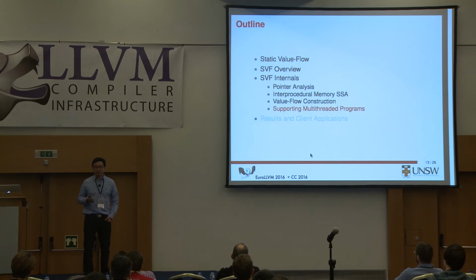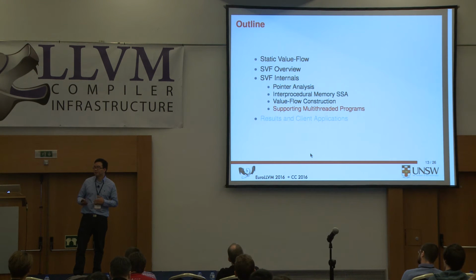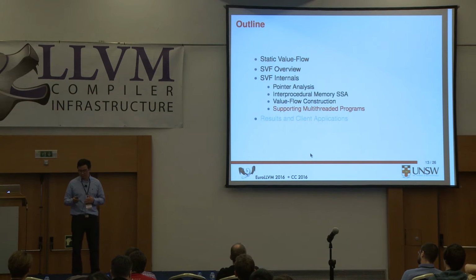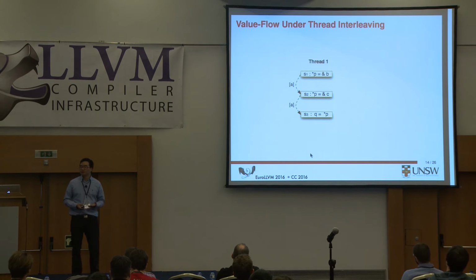So we know roughly how to perform the pointer analysis, construct memory SSA, and eventually generate the value flow graph. Next, we will see how to extend SVF to support multi-threaded programs. We have a thread-oblivious code, which uses the previous phase to generate def-use for these three statements.